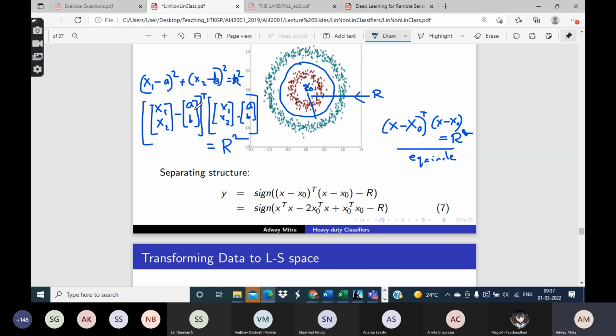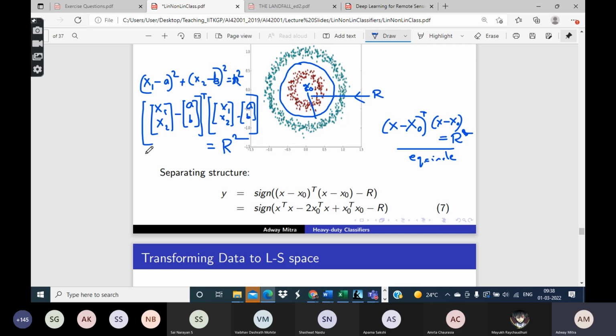You can just verify that this is correct. Any point I am expressing as a vector x1 x2, and the center of the circle I am expressing as the vector a b. I am taking the vector difference between these two vectors, and then doing the transpose. You can verify that this expression is the same as this expression.